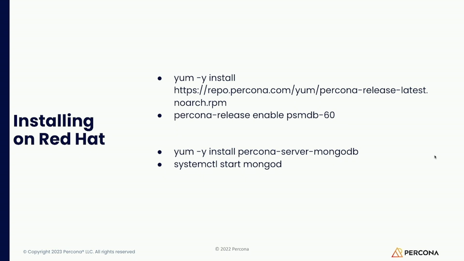This you can get from the Percona documentation page, or you can simply type repo.percona.com/yum/percona-release-latest.noarch.rpm. Okay? So I'm going to follow along with you.